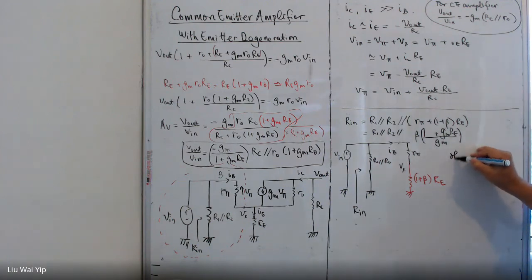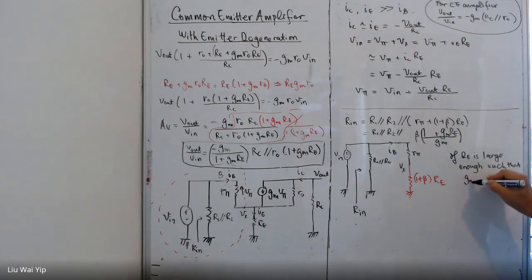If RE is large enough, such that Gm RE is substantially larger than 1, we can say this, right?